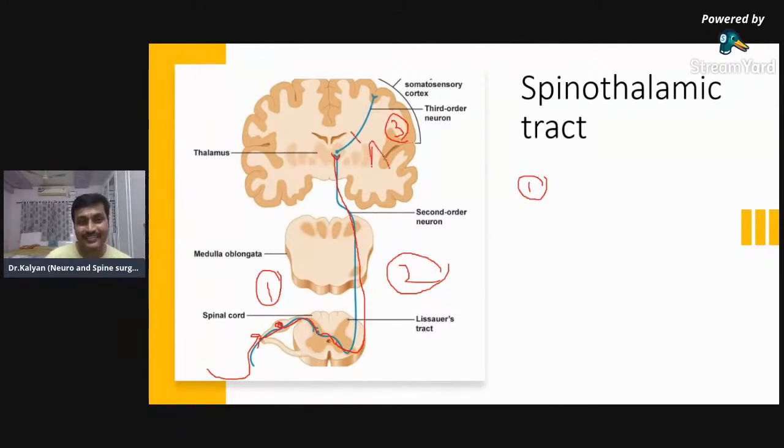This is A. This is B. This is lesion C. Among A, B, and C, in which lesion will the patient have loss of pain, temperature, and touch on the same side of the lesion?